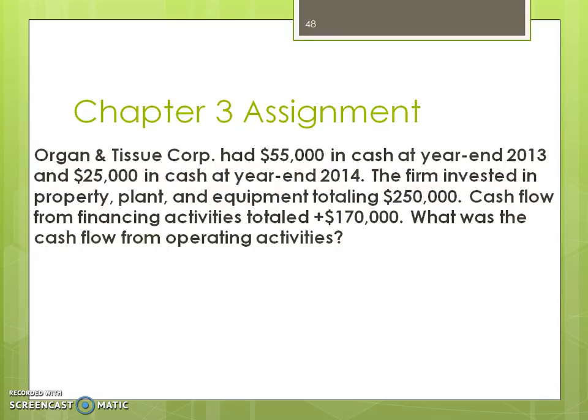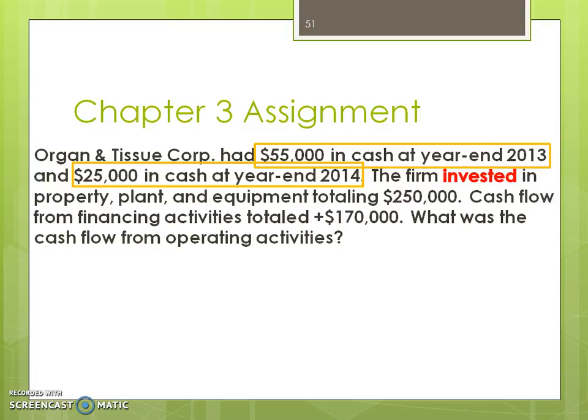Same technique as before, and you're going to want to get in the habit of this as you work through questions: identify information that's going to be useful. First thing that pops out is that $55,000 that we had in 2013. We had $25,000 in 2014. The word that pops out to me is invested.